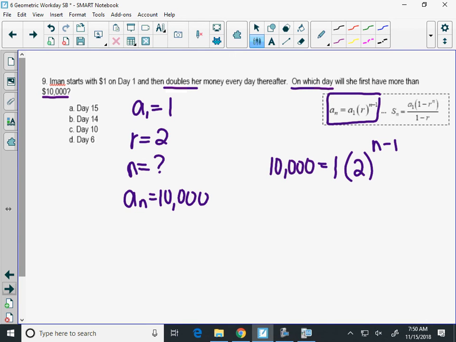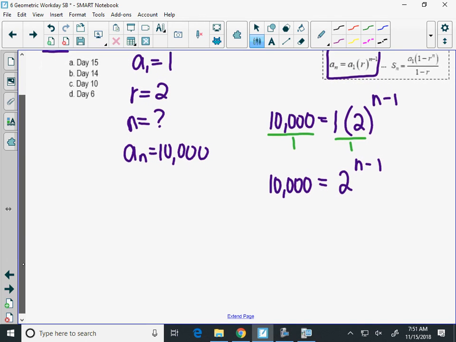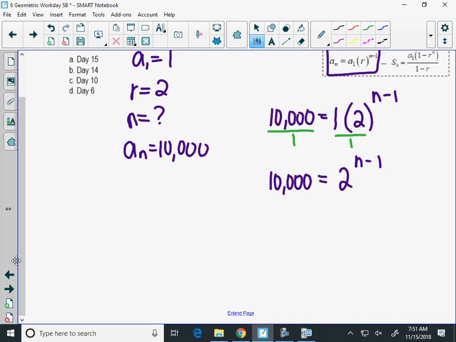So I have to start by simplifying this, and normally I would divide by 1 here, but you know that dividing anything by 1 doesn't change the value. So you really have 10,000 equals 2 to the n minus 1. Then you have to pull out some information that you have learned previously. How do we get a variable out of an exponent?